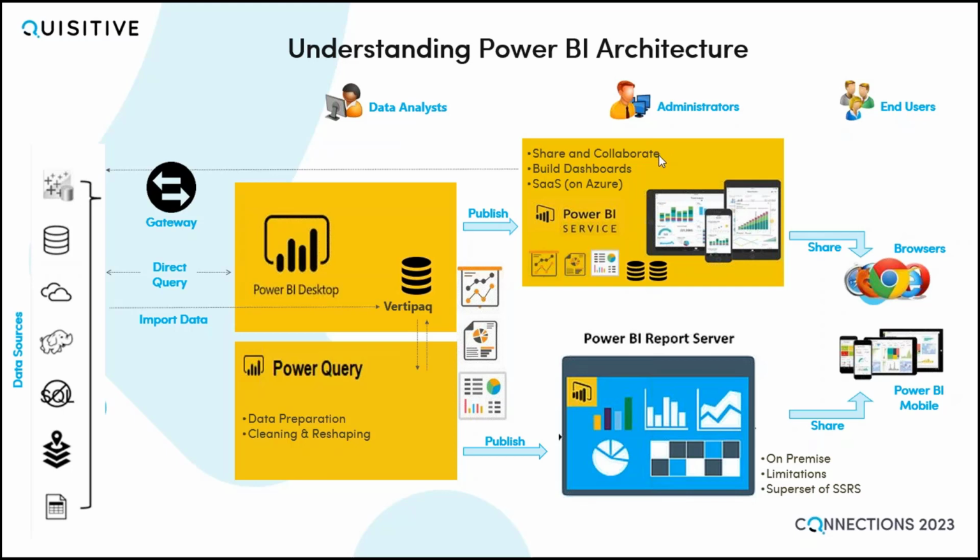In some cases, your data source resides on premises, and therefore a special gateway is needed to access these on-premises data sources so that your data can be refreshed. That's why you have this gateway icon here showing that the Power BI service can connect to on-premises data sources. Finally, you can share these published reports to the public by embedding them in web pages.